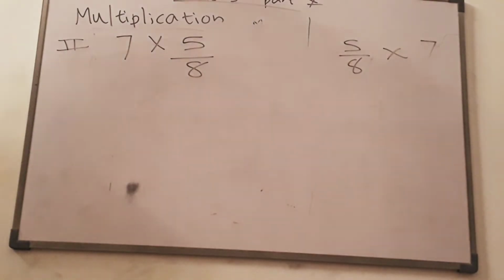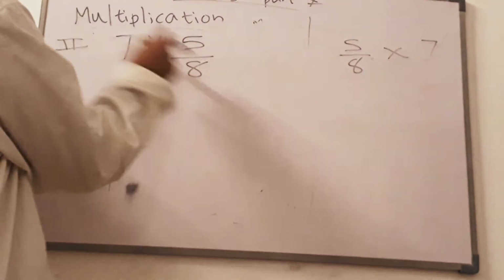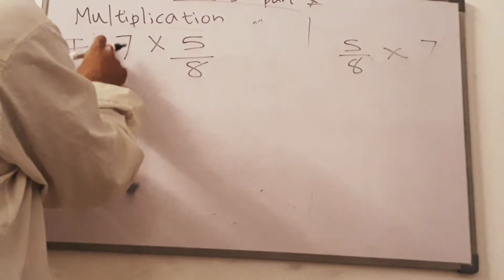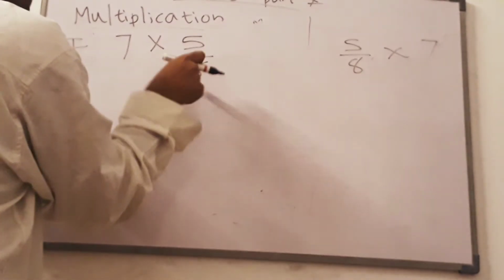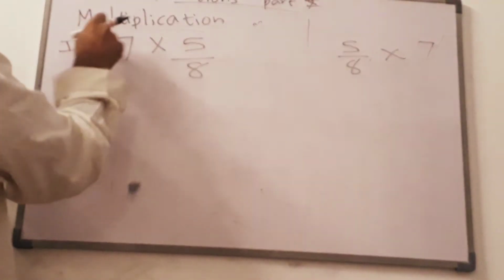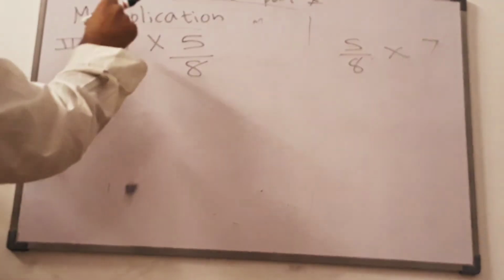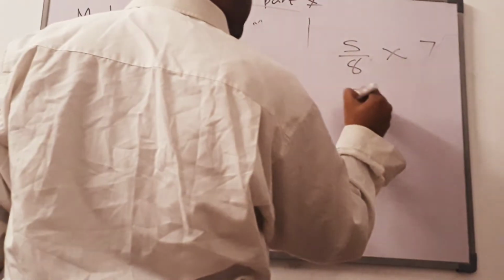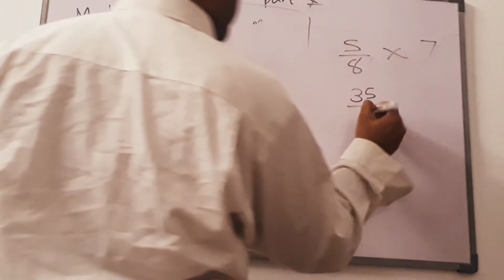There also 7 and 8 won't get simplified, because 7 is not a factor of 8 or a multiple. Hence we have to multiply 7 by the numerator 5. 7 times 5 is 35, so 35 over 8 is the answer. Here also 5 times 7, 35 over 8.